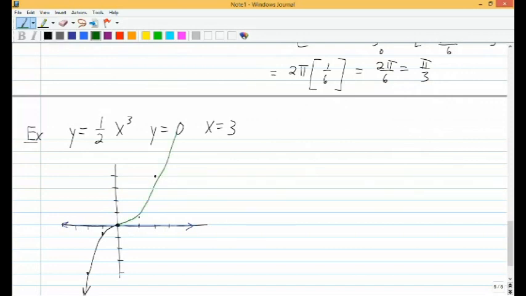So here's x equals 3 right here. What I'm doing is taking this region in here, all of this. I'm going to form some vertical rectangles in here and revolve them about the y-axis.